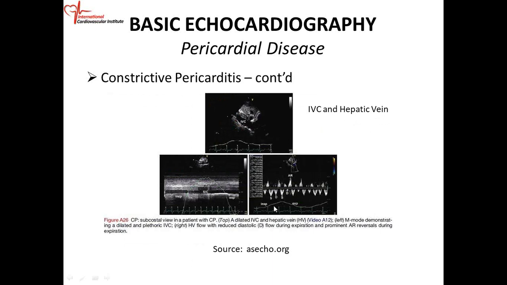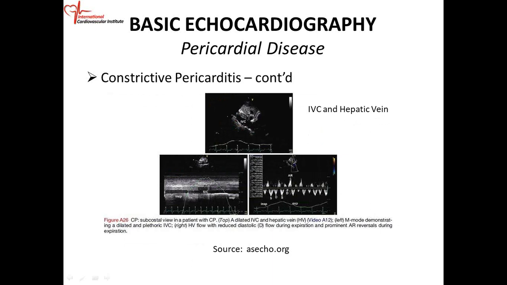This is what takes it up to 100%. If you do your hepatic vein flow, and in expiration you get an increase in your atrial reversal, this clinches the diagnosis.